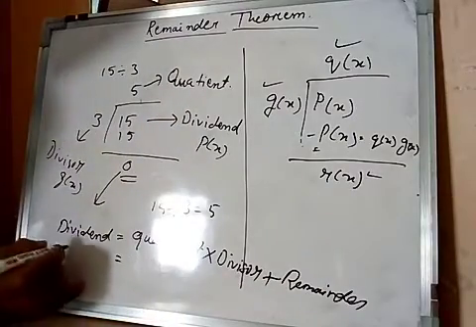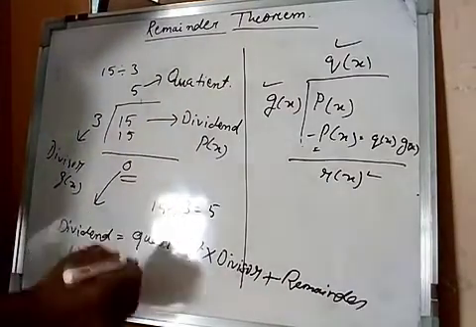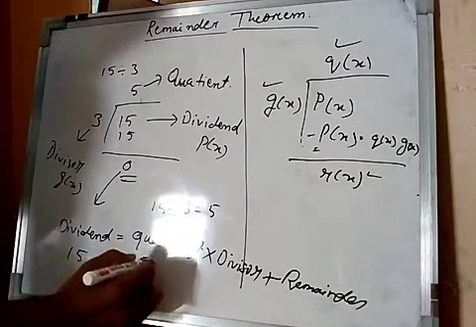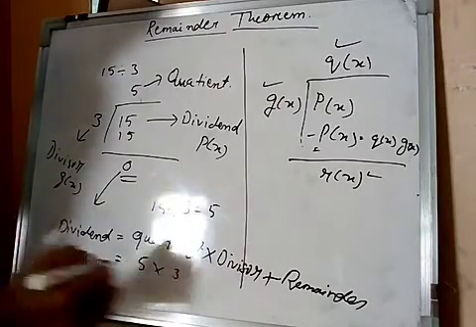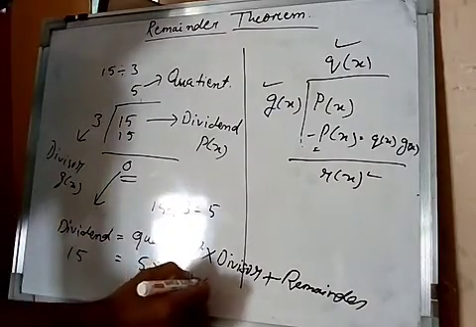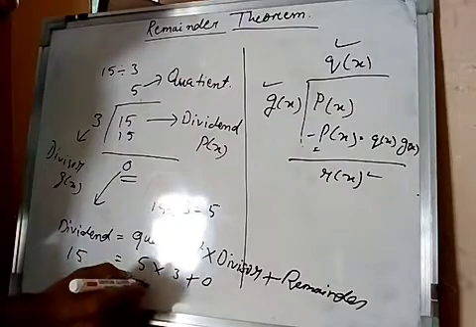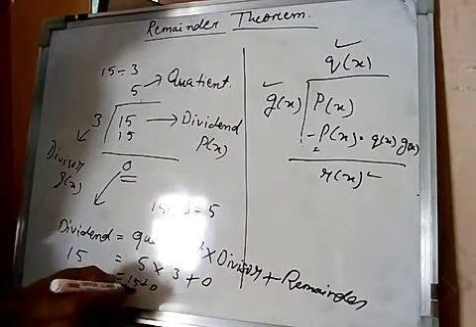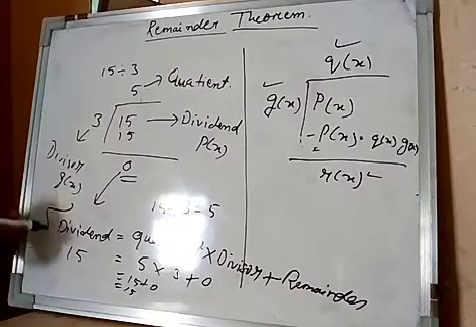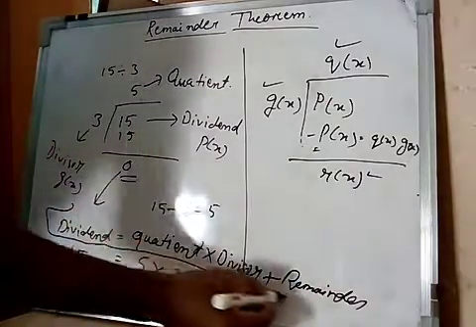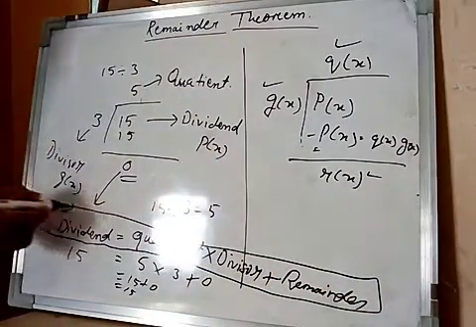So here the dividend is 15, the quotient is 5, the divisor is 3, and the remainder is 0. So 15 plus 0 equals 15. So this is the formula of division, right?